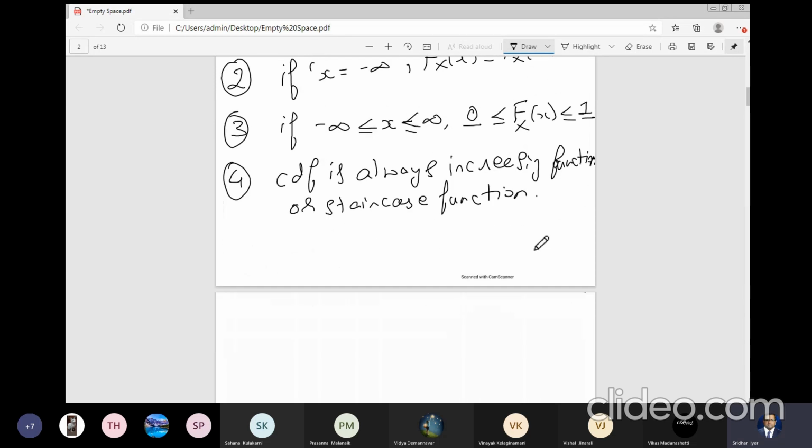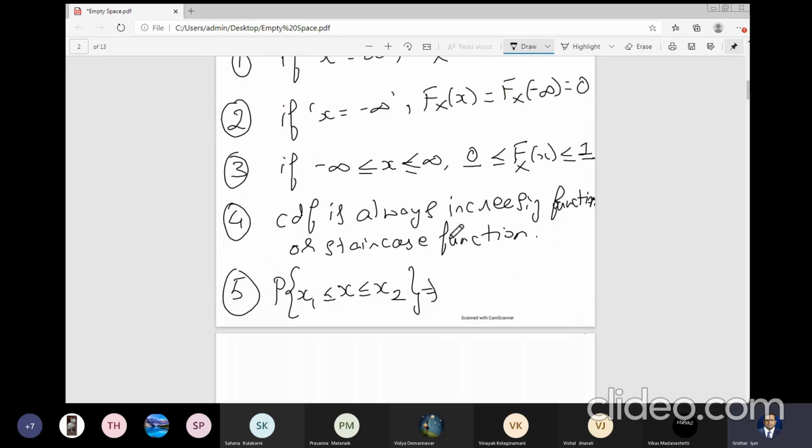Now, next property which is going to be very helpful for us in solving the numericals. The probability, if x is between two values, x2 and x1, if this is given to us, if I want to find the probability of an event between two values x1 and x2, then I can use the CDF to find the values.